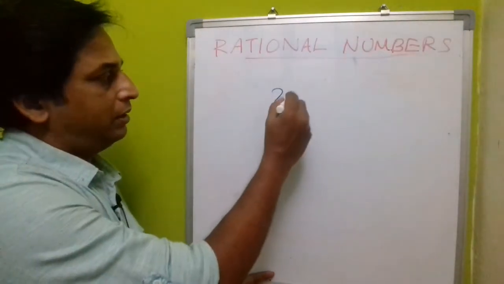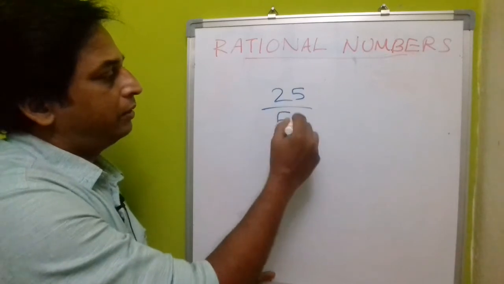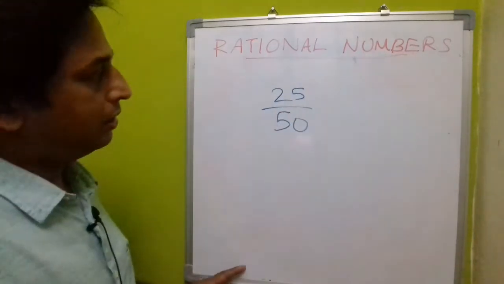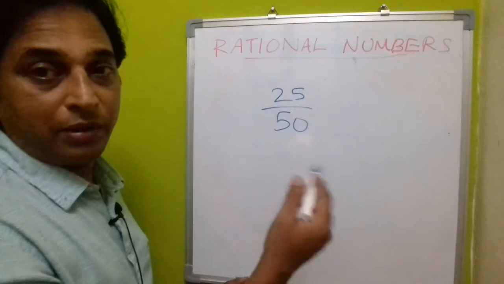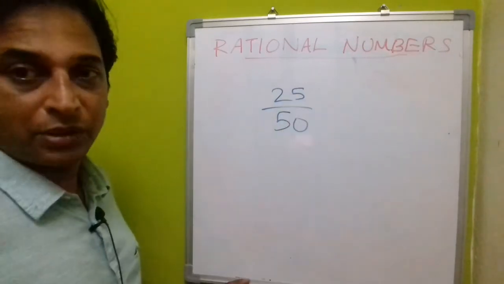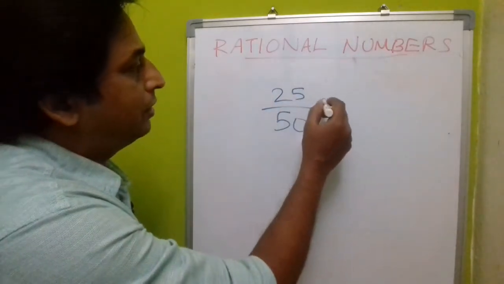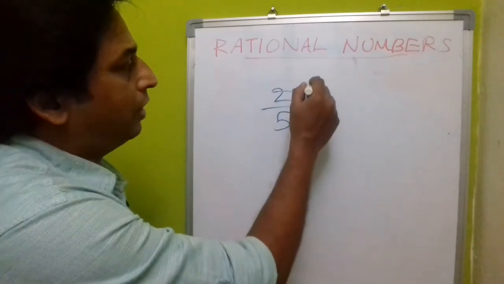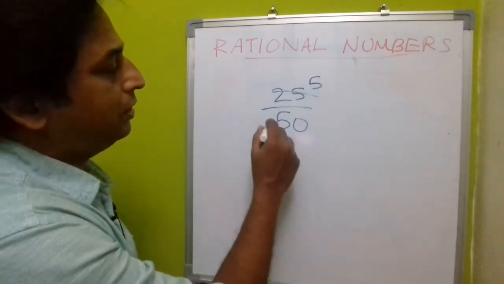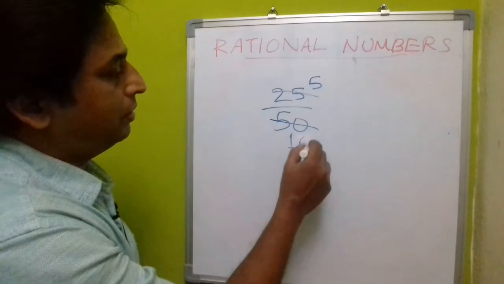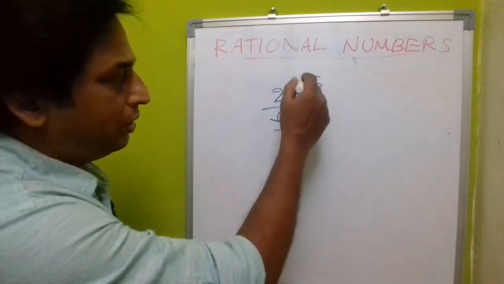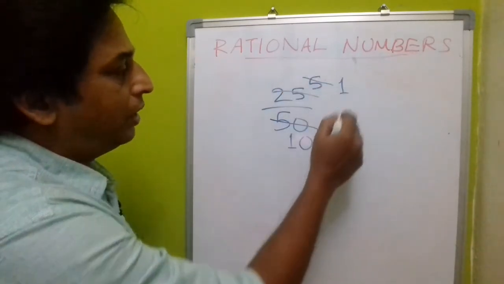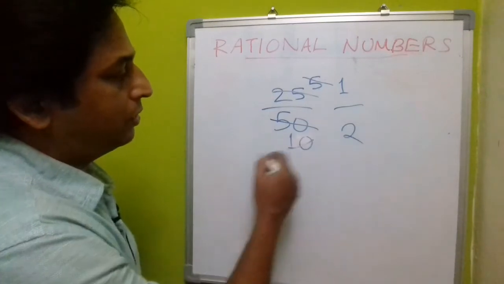If you have a fraction, you have to reduce it to the simplest form. Here you can see 5 is a common factor. 5 will go 5 times in this and 10 times in this. Or you can divide it again: this will go 1 time and this will be 2 times.